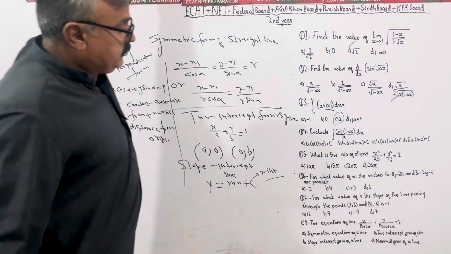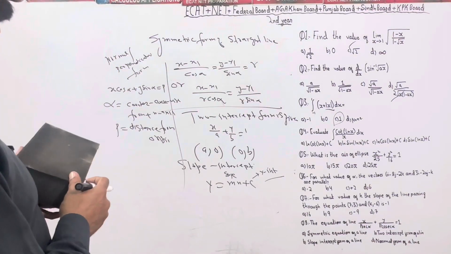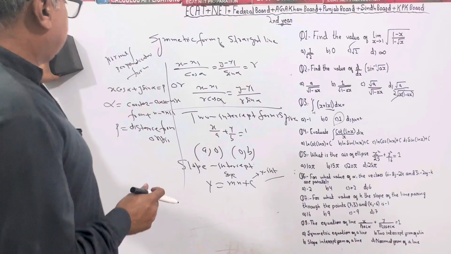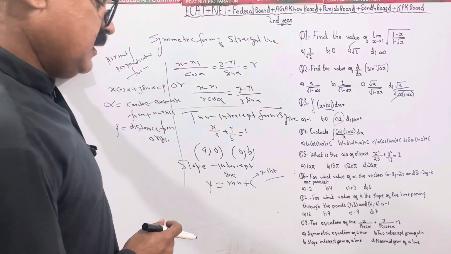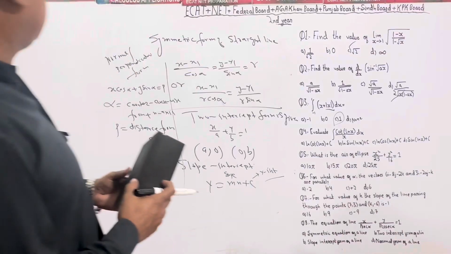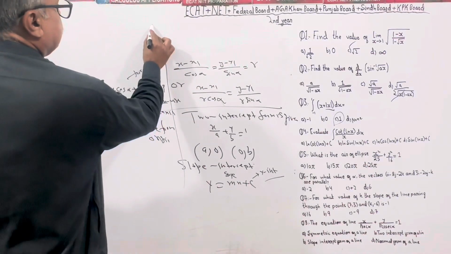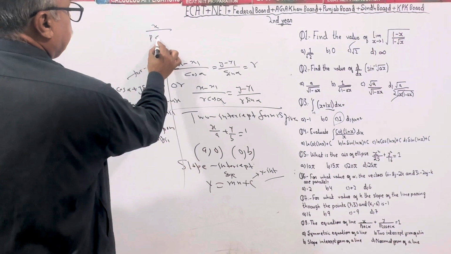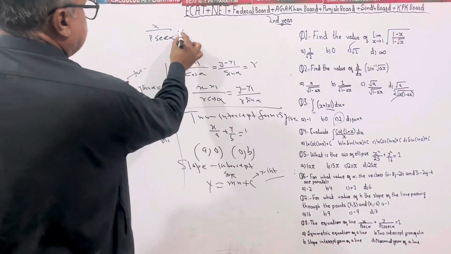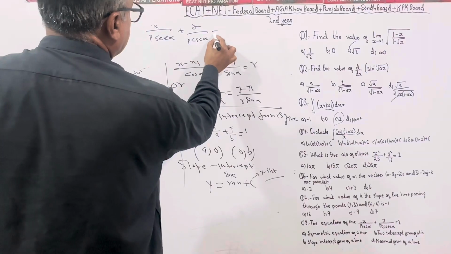What we have given: x over p sec alpha plus y over p cosec alpha. We have to hunt, it is what form? Let me write for you. x over p sec alpha plus y over p cosec alpha is equal to what?